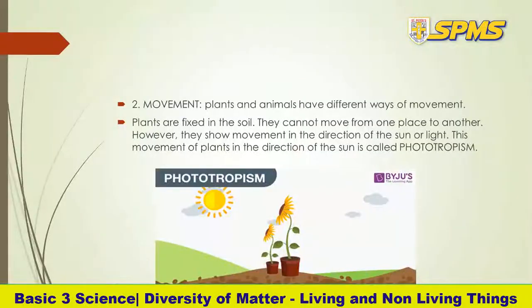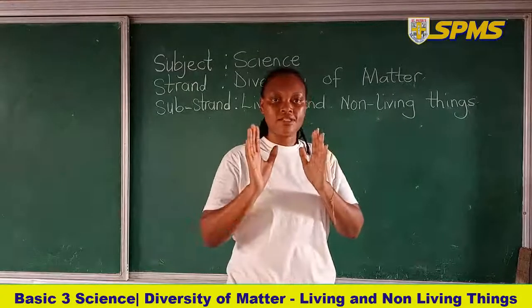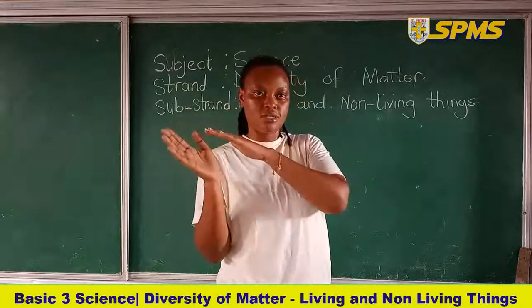Plants are fixed in the soil. They can't move from one place to the other, but they show movement in the direction of the sun or the light. So wherever the sun is, that is where the plant grows towards.